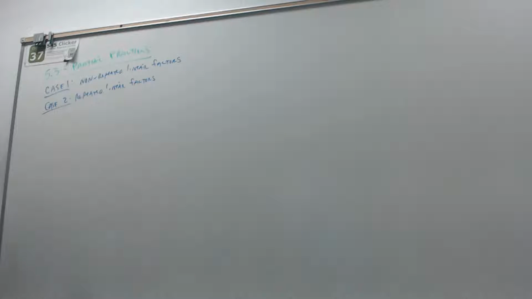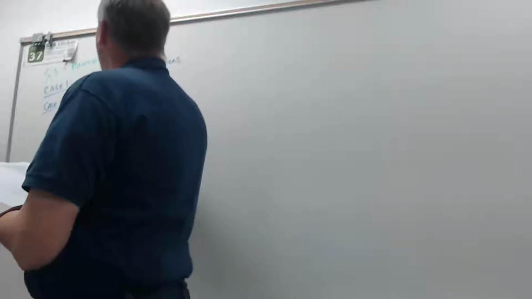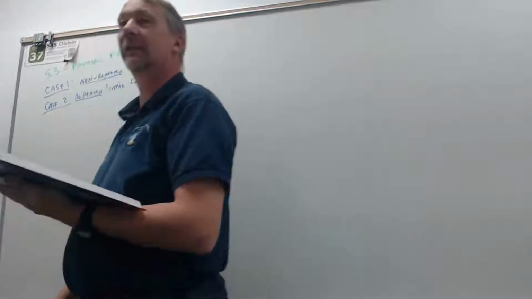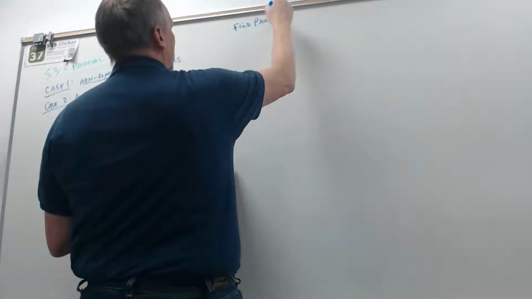All right. So non-repeated linear factors, now we're going to do repeated linear factors, okay? So there's a difference here. Last time they were not repeated. This time they're going to be repeated. So let's say that I say find the partial fractions.